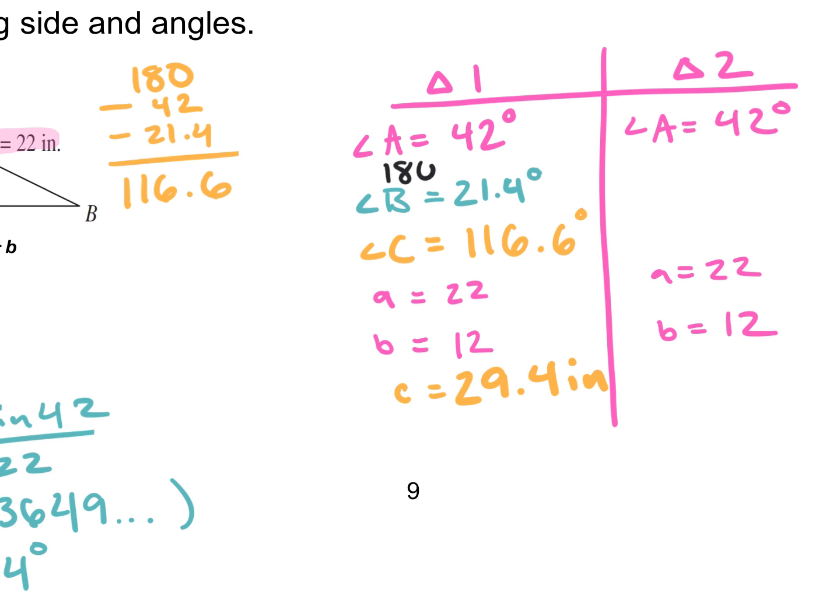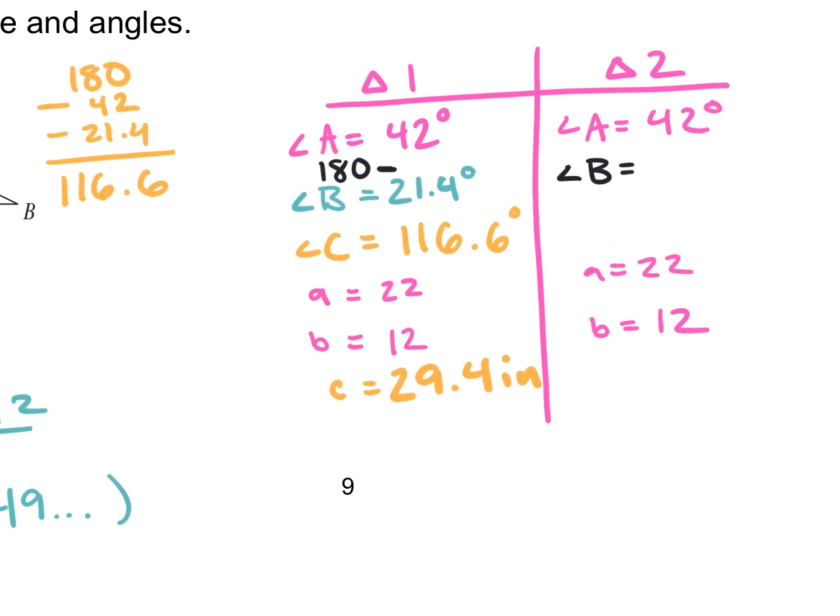I'm going to do 180 minus angle B. So our new angle B, or triangle 2 angle B, is going to be 180 minus 21.4, which would be 158.6 degrees. So to find your new triangle angle B, you do 180 minus angle B. So always the first one that you find.